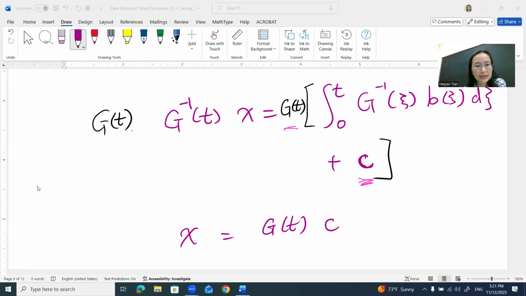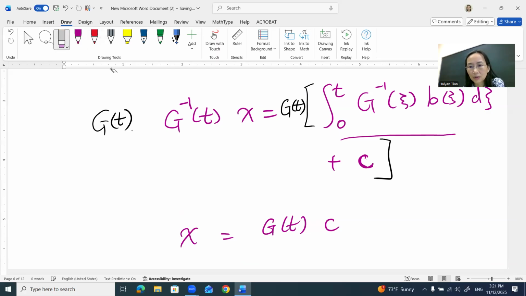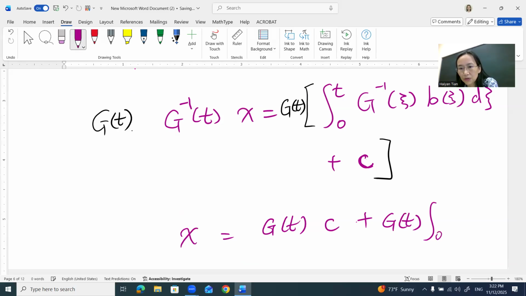And then the other term will be G times this integral. So let's write G times that integral: the fundamental matrix G times the integral from 0 to t of G inverse of s, b of s, ds.